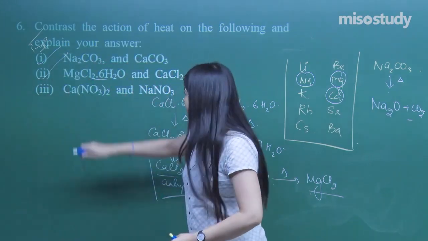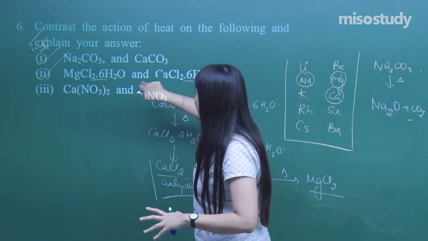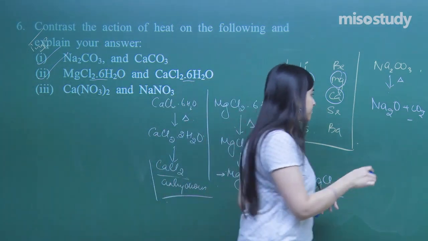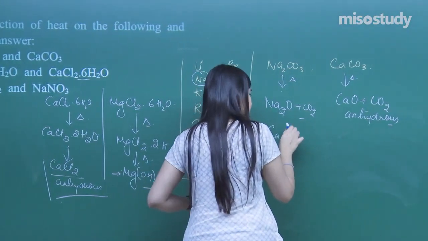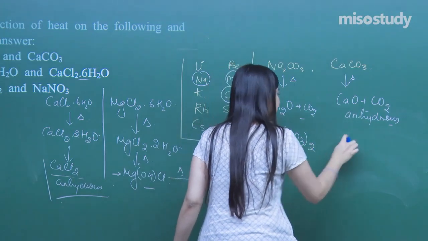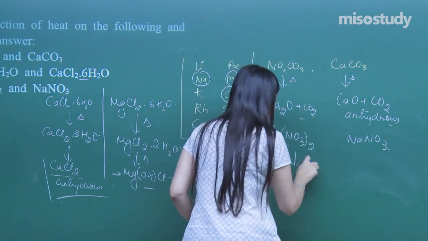Done. Next one. So, it is a simple one, calcium nitrate and sodium nitrate. Calcium and sodium, again the comparison. So, it is calcium nitrate and NaNO3. So, basically what happens when we heat it up?